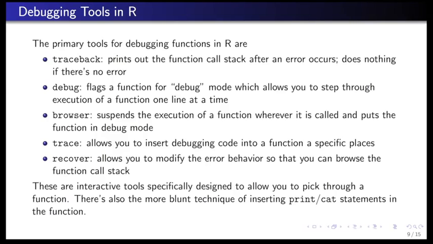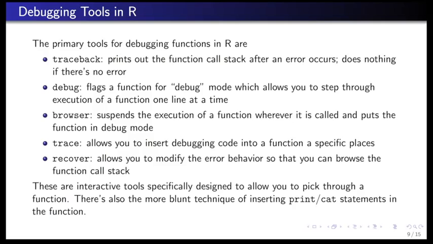And then the recover function is the last function. It's actually, I should put it up here. It's related to the traceback. What recover does: normally when you get an error, you usually get a message saying what the error was, and then the console comes back to you, and you can enter more commands. You can do whatever you want, but execution of that function stops, and you get the console back. That's the default behavior.